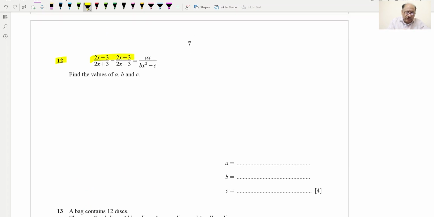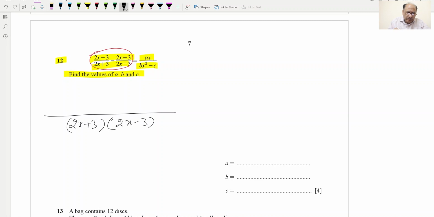Question number 12, we need to find the value of a, b, c, and for this one we can take this side basically and solve it. We can take an LCM. We will be writing 2x plus 3 and 2x minus 3. What we are doing, I will explain.